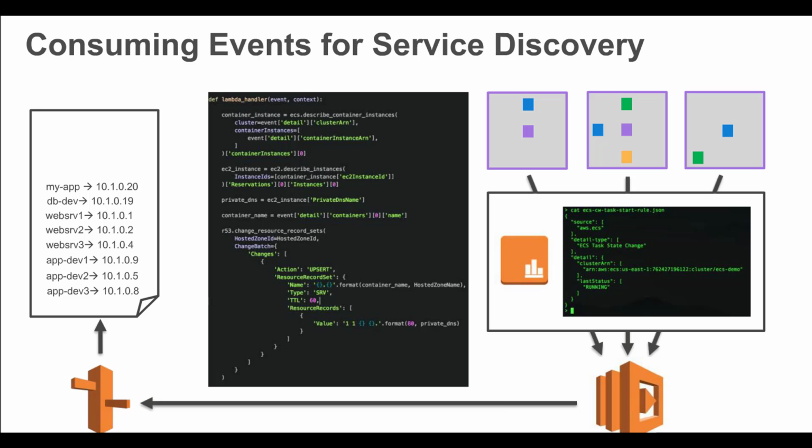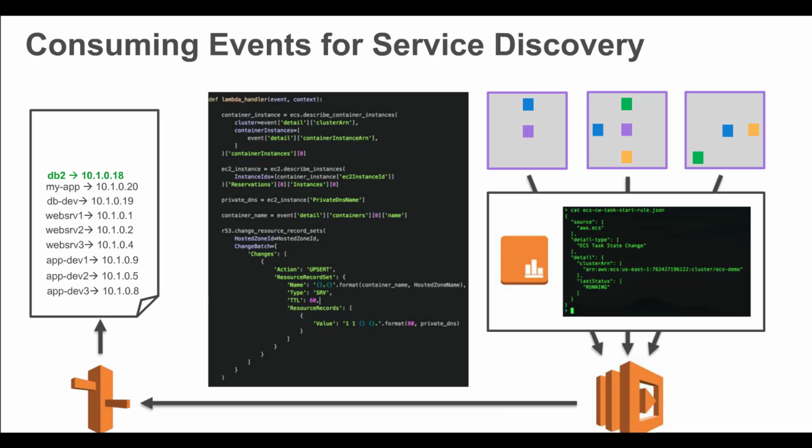Another pattern which is becoming increasingly popular with our customers is using the event stream that we released to do service discovery. So when a container has a lifecycle event, for example, a container got created, that is published as an event stream.